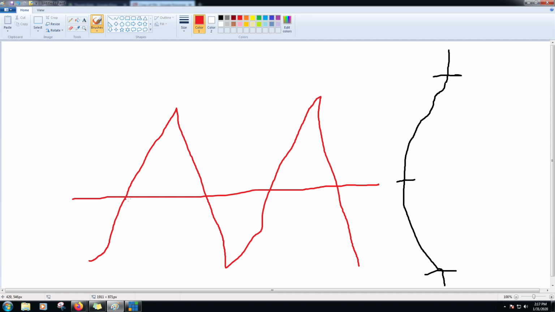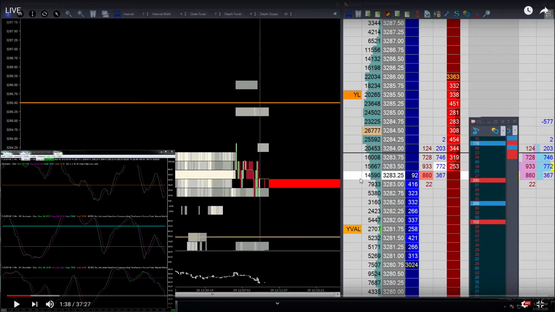We cross the center point 1, 2, 3, 4 times. Whereas if you look at the outer edges, we've only touched the outer edge twice here and 3 times down here. So we've crossed this center point more times than we've touched the edges. So therefore, that's why you're going to have the curve shaped the way it is. That's why it's a bell curve. That's why it's shaped like this.